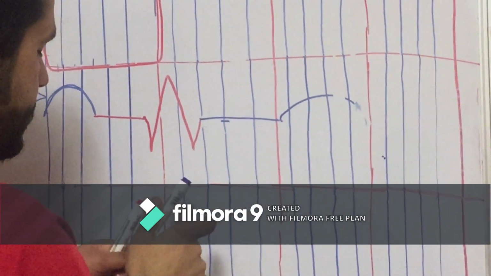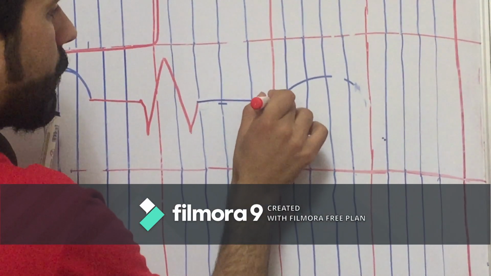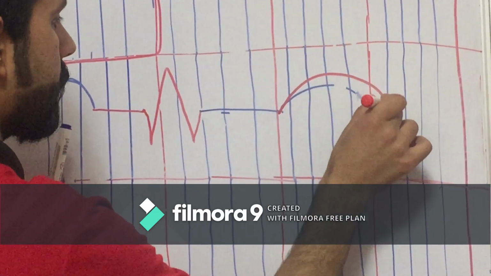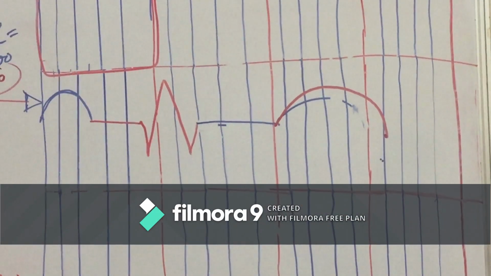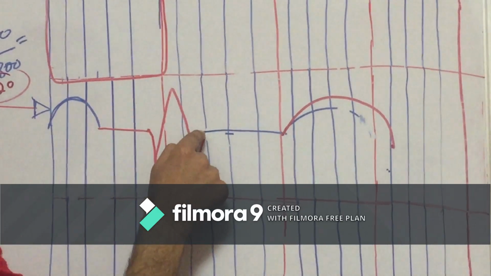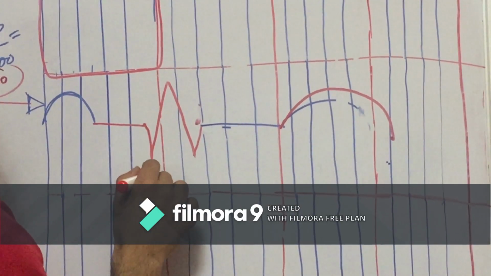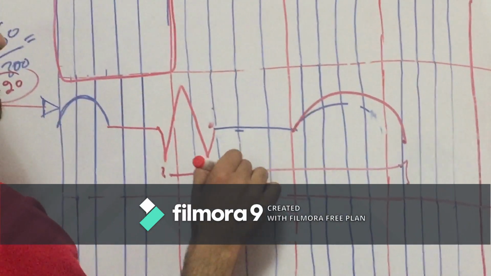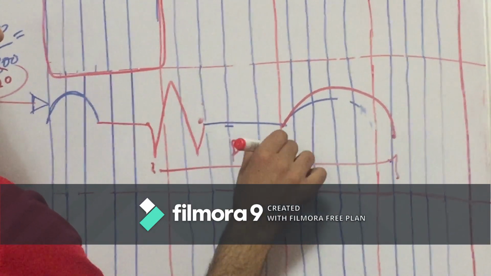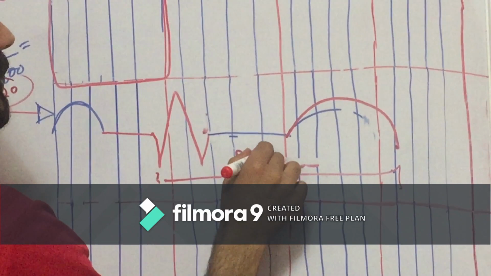Now this is actually from here to here. This is the PR segment, the PR interval.